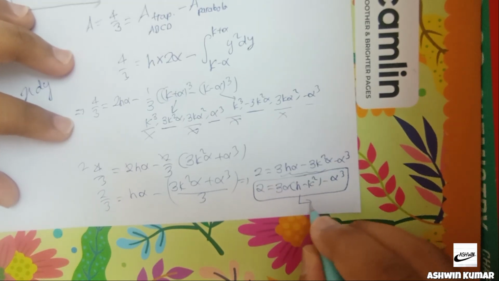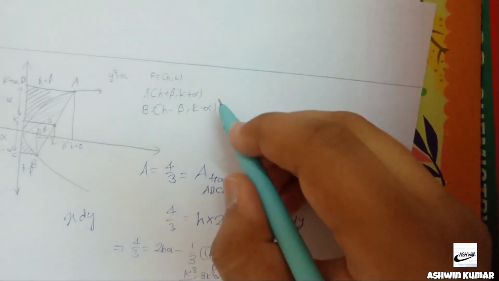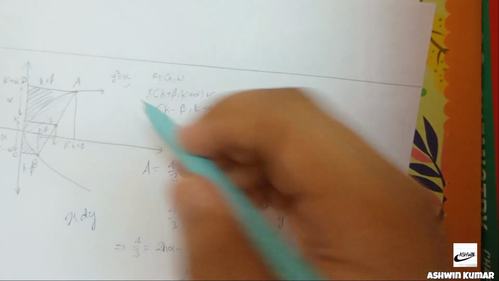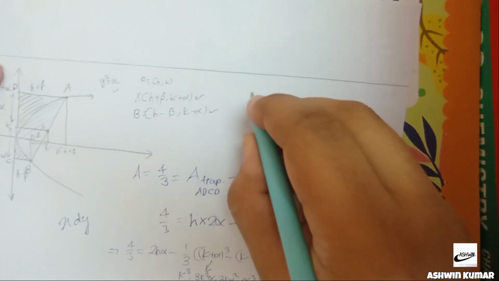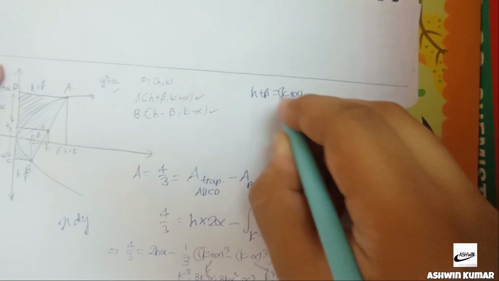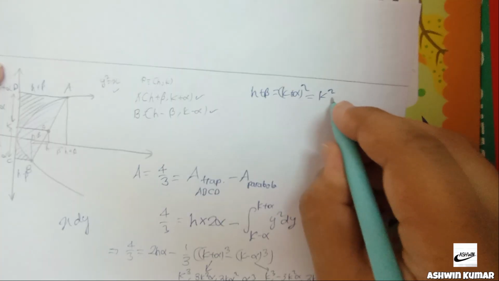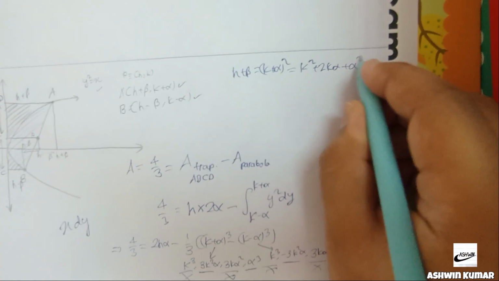Let us assume this is equation 1, and we need 2 more equations, which we get from the fact that these 2 points satisfy this equation. So h plus beta would be (k plus alpha) whole square, which expands to k square plus 2k alpha plus alpha square.